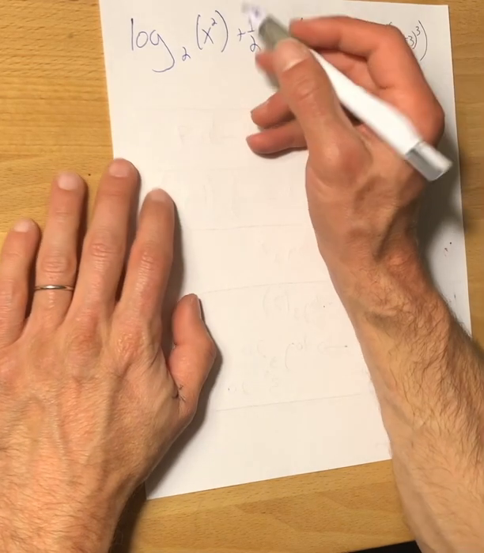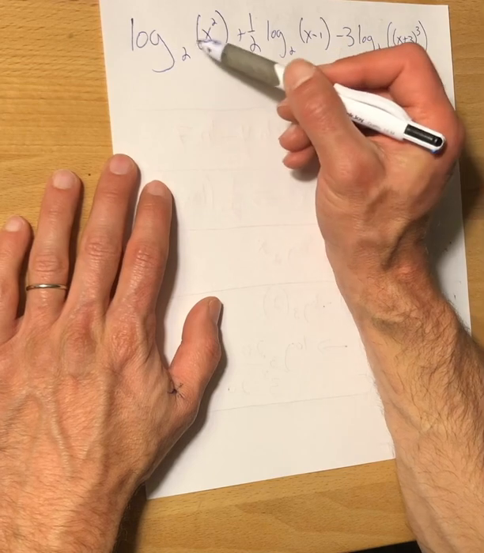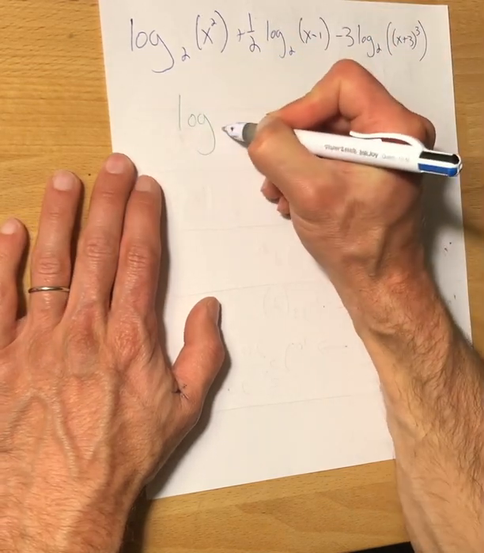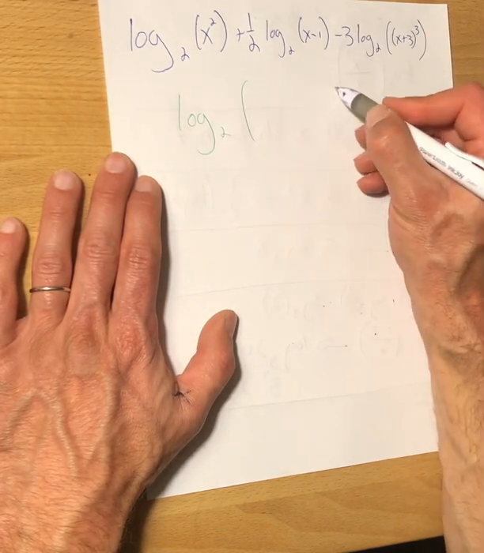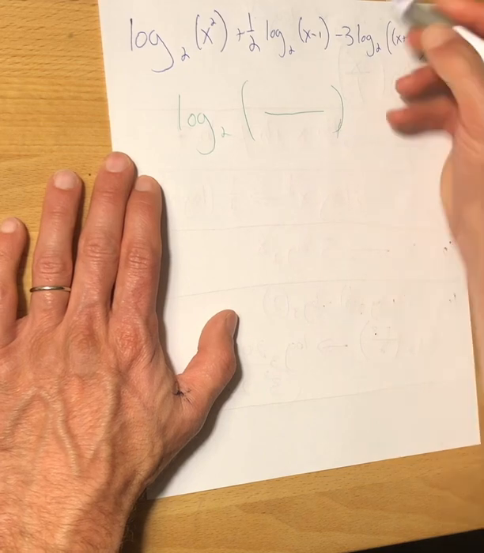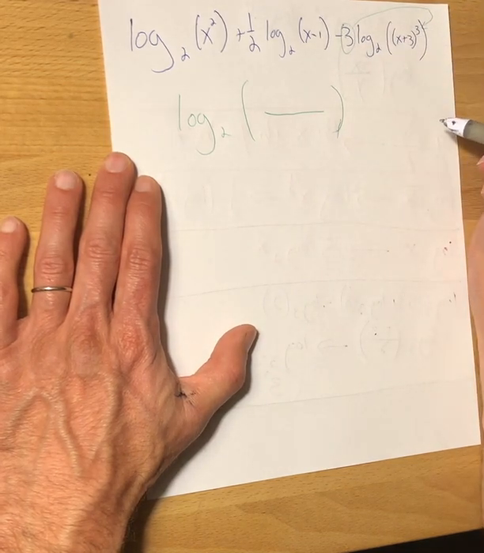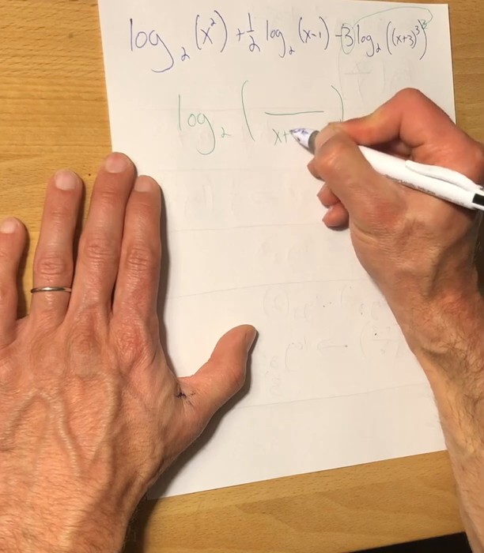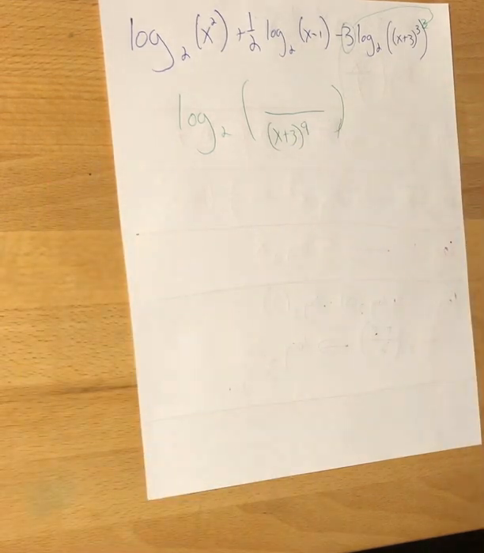First off, I'm going to rewrite, it's all log base 2. This is a negative log, so I know I'm going to have a fraction. This 3 travels here and becomes an exponent. Remember, whenever there's an exponent outside of an exponent, it is multiplication. 3 times 3 is 9.